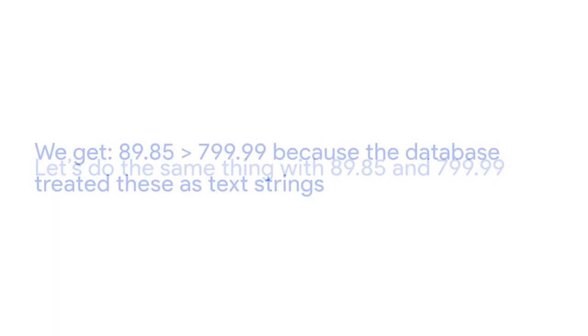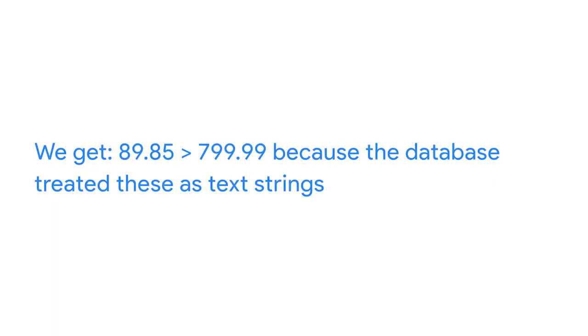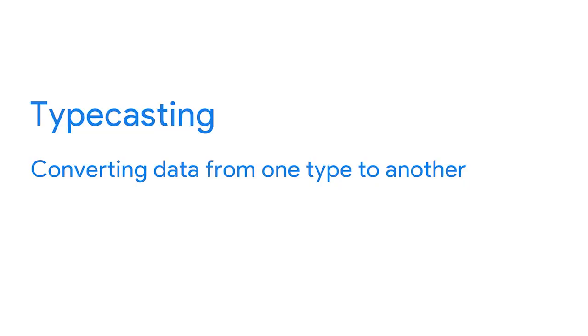It started with the first character, which in this case was an 8 and 7, respectively. Since 8 is bigger than 7, the database sorted 89.85 first and then 799.99 because the database treated these as text strings. The database doesn't recognize these strings as floats because they haven't been typecast to match that data type yet.